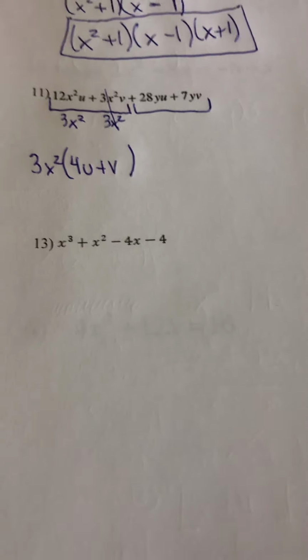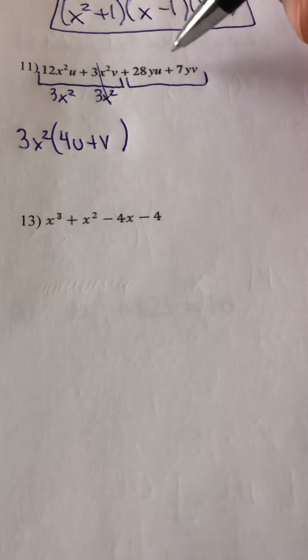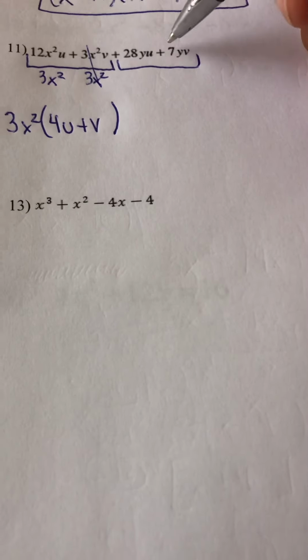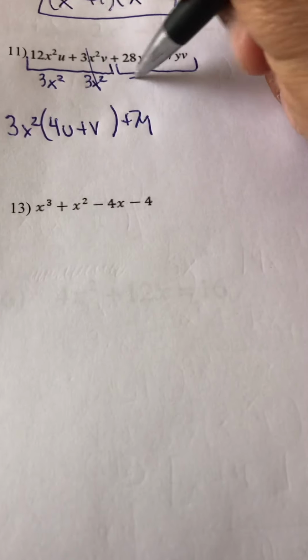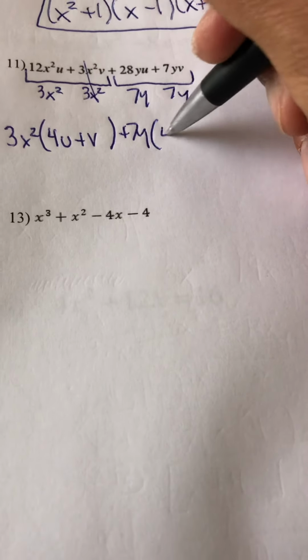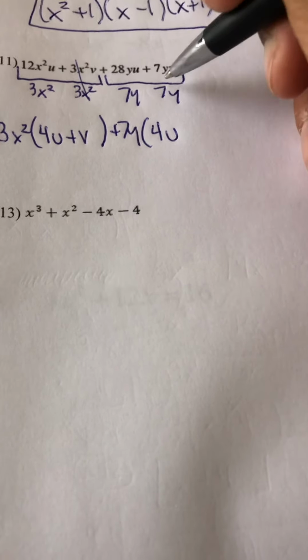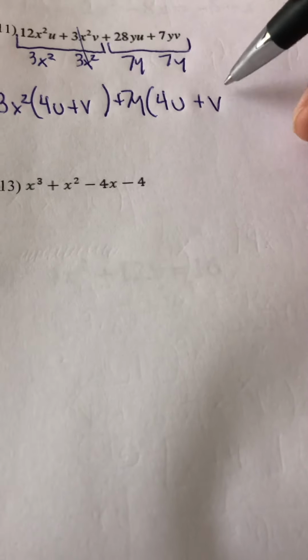Now, if I'm doing this correctly, I should have the same binomial from the left to the right. The GCF here will be a 7 and a y to the first power. So I have 7y, which I'm going to be dividing both of these. 28 divided by 7 is 4u. 7 divided by 7 is 1. The y's simplify out. We are left with plus v.